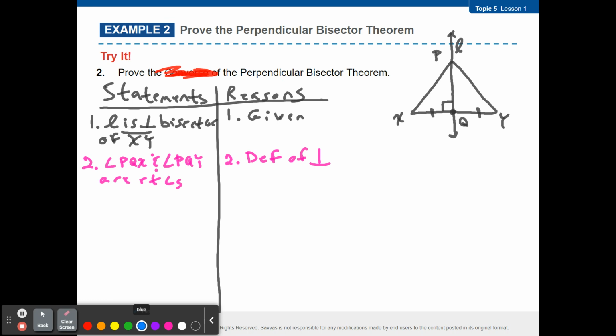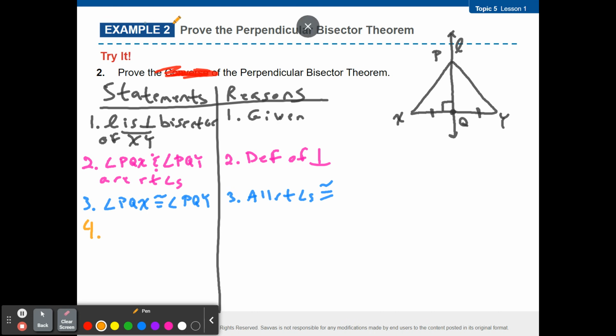Because they're both right angles, I'm going to state that angle PQX is congruent to angle PQY. And that's because all right angles are congruent. So right now I have my two congruent angles.